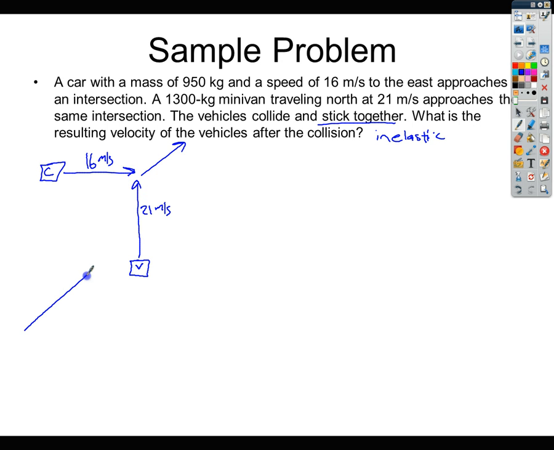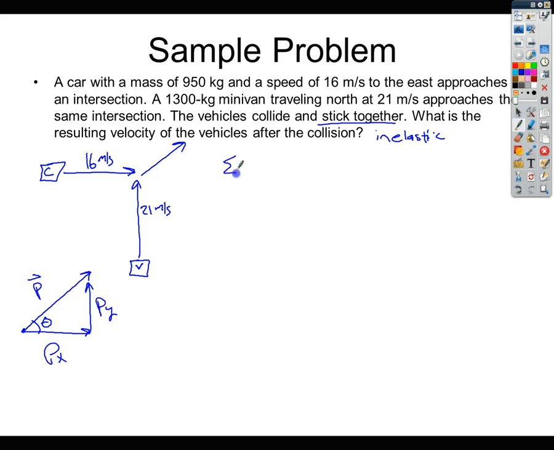So if we drew a diagram that shows the momentum, the resulting momentum should be equal to the addition of the two vectors that we have, the momentum in the y and the momentum in the x. Then we can relate them to find the angle they would take off together at.